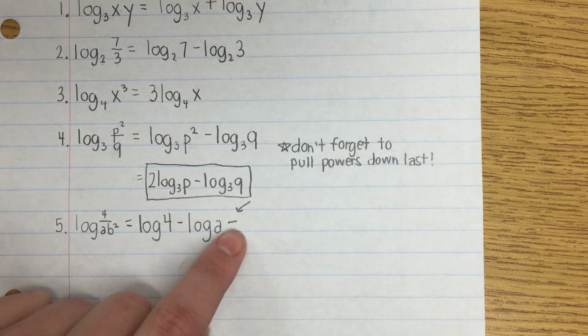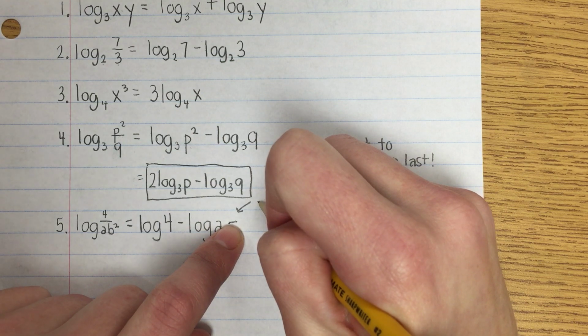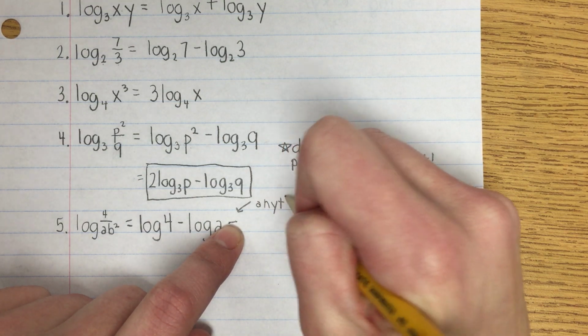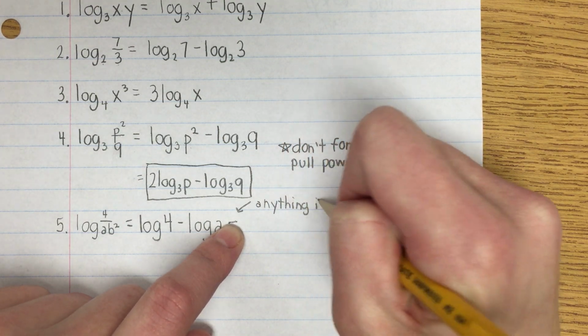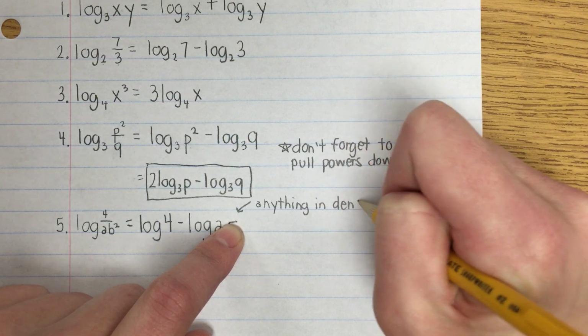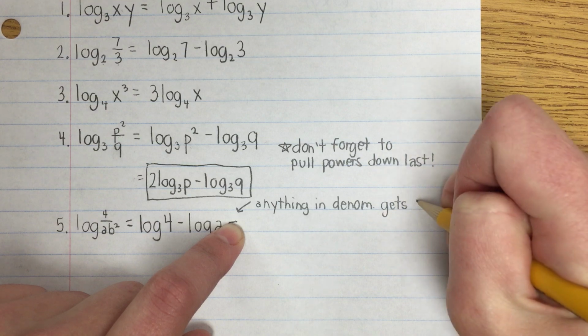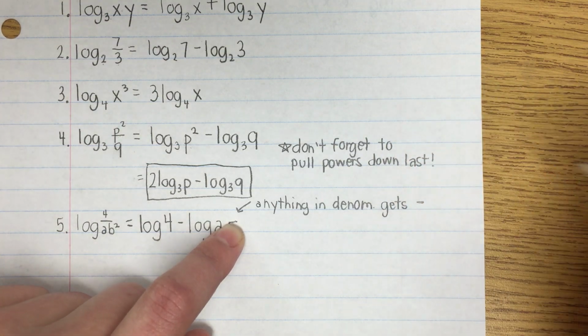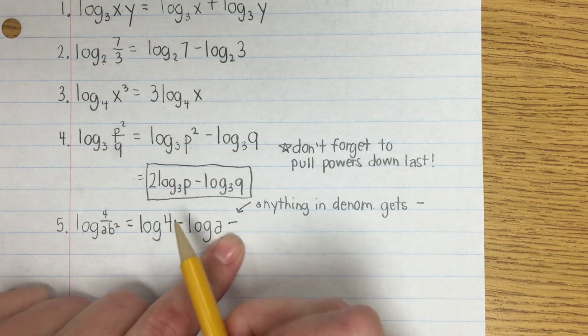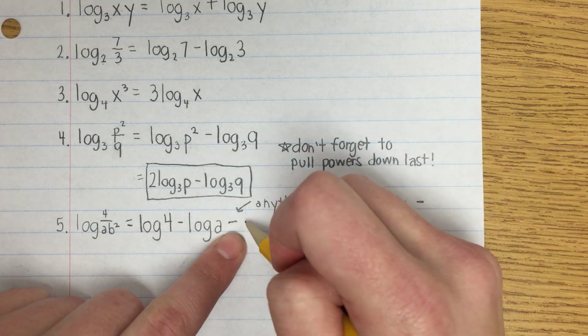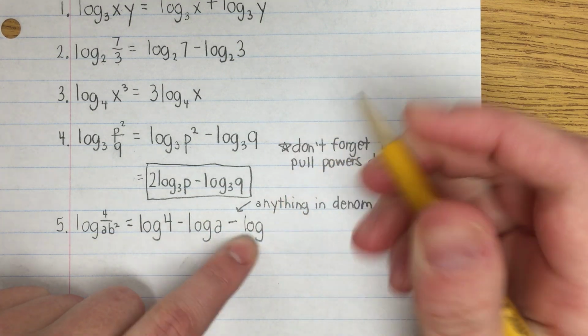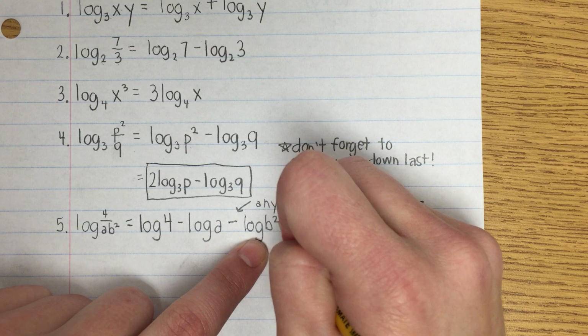So this is kind of a key point here. Anything in the denominator gets a subtraction sign. So since the b squared is in the denominator, this would be minus log base 10 of b squared.